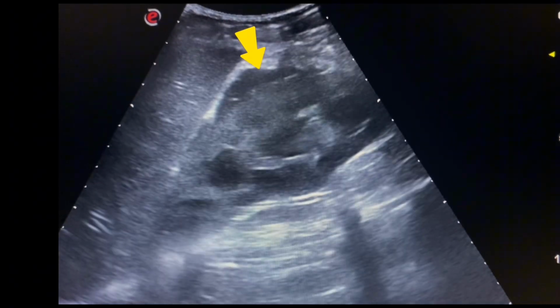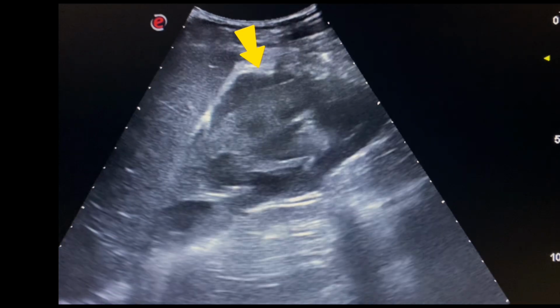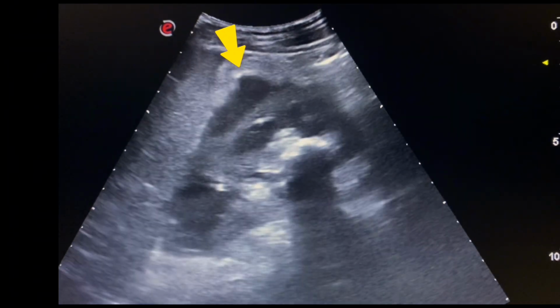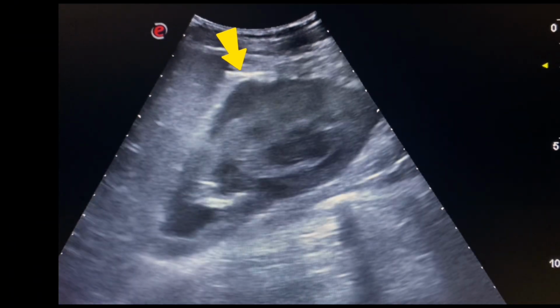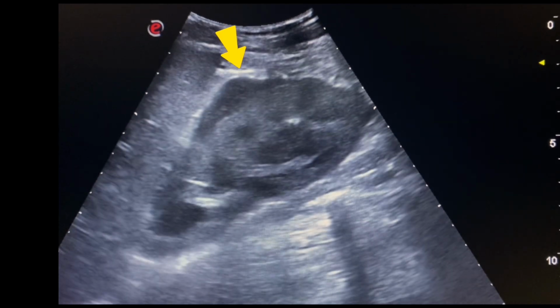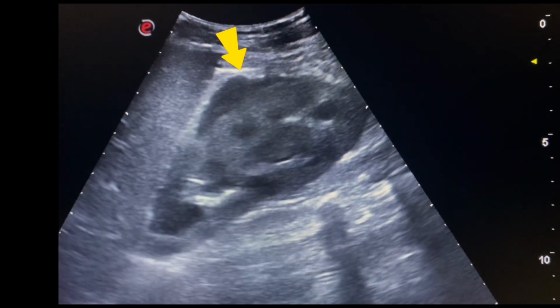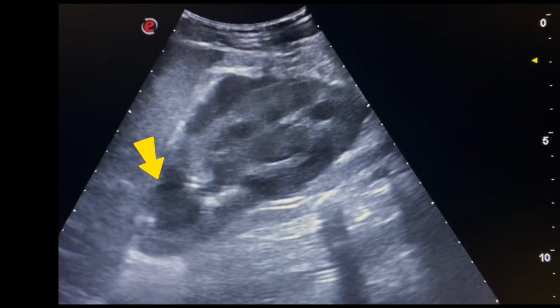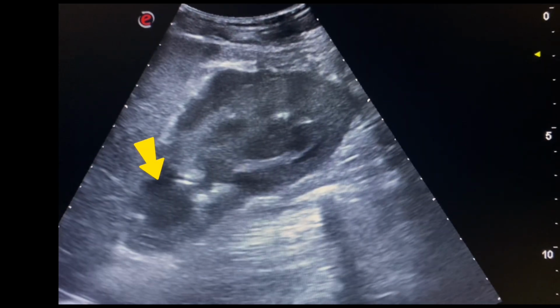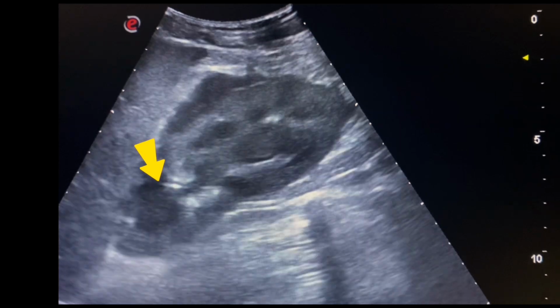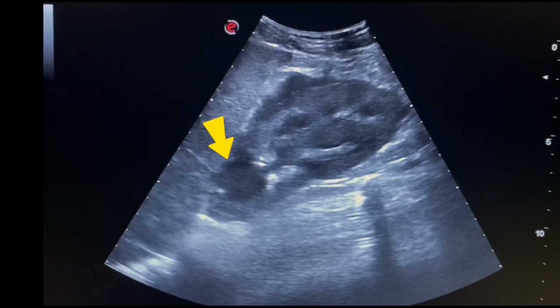The size of the cortex at the mid-pole is thickened due to infection. Here we also see a well-defined lesion in the upper pole of the kidney.